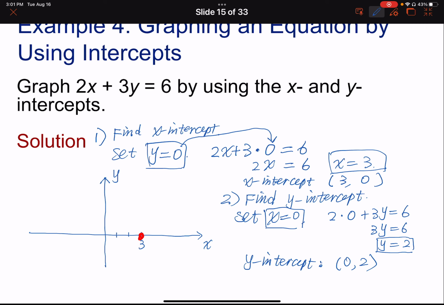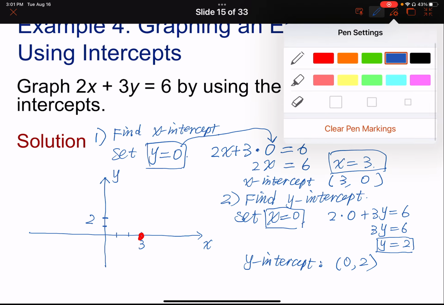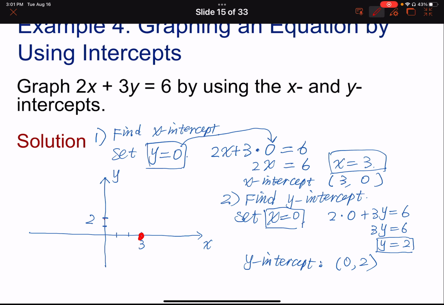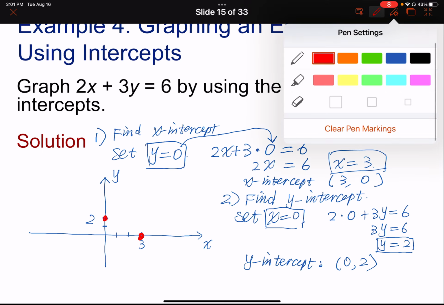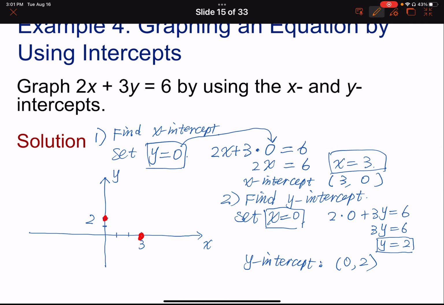Now let's find this. We look for this point on the y-axis, because it's y, so y equals 2. That's 2. So we can plot this point, and then we just need to connect these 2 points to get the line.